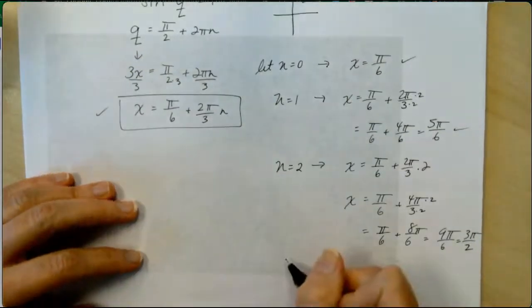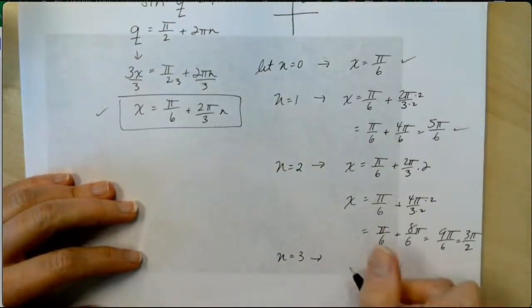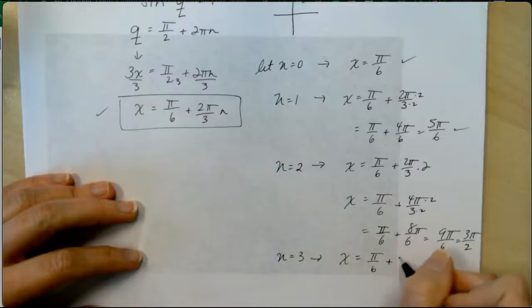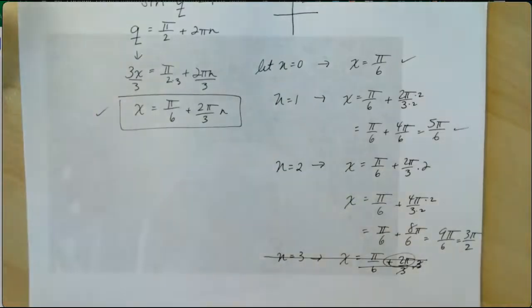Next, if we then say n equals 3, we get x equals pi over 6 plus 2 pi over 3 times 3. In this case, the 3's cancel, and we add 2 pi. And pi over 6 plus 2 pi is bigger than 2 pi, so we will be scratching that solution.